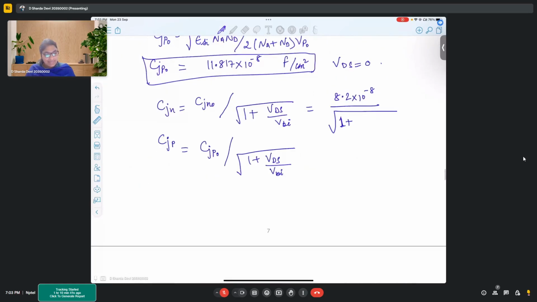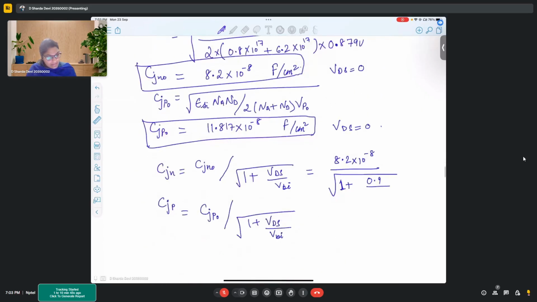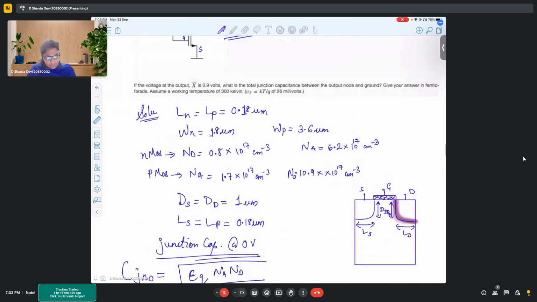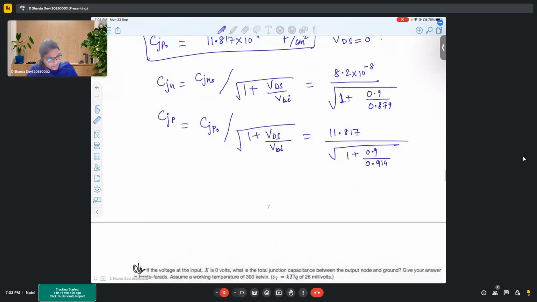So VDS is 0.9, so 0.9 by VBI, which was 0.879. And similarly, the other one, it is 11.817 by root under 1 plus 0.9 by 0.914. Yeah, it is 0.9.